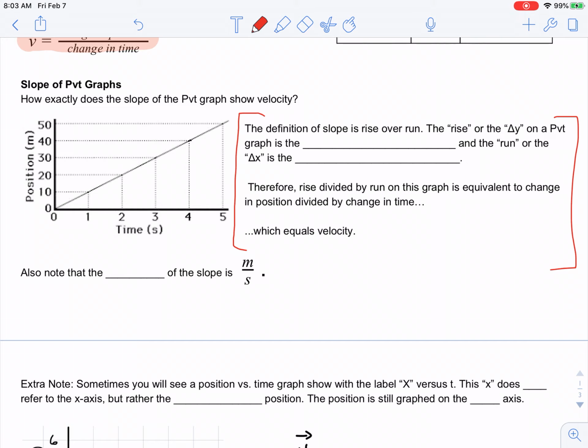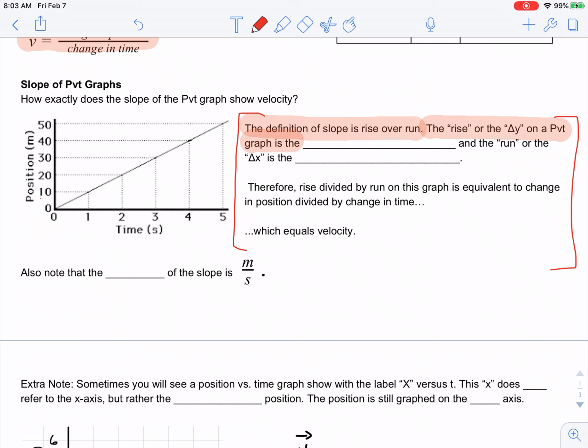But this is how you can be exactly precise with your language. So if someone said, what is the meaning of the slope of a position versus time graph? I want you to start thinking in these terms. Well, the definition of slope is rise over run. The rise, or the change in y on a position versus time graph, is the rise.